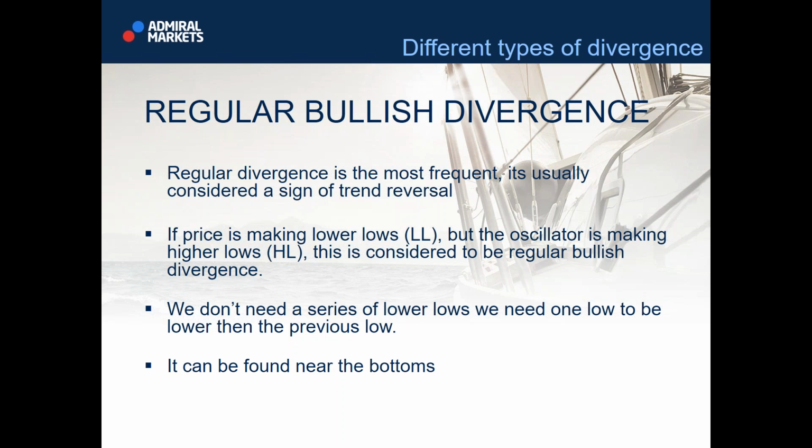So this is an example of regular bullish divergence. You can see that the price has made a lower low and the oscillator, which is MACD, has made a higher low. Now I'm talking from the perspective of any oscillator. We will use MACD, but every other oscillator will show you the same.